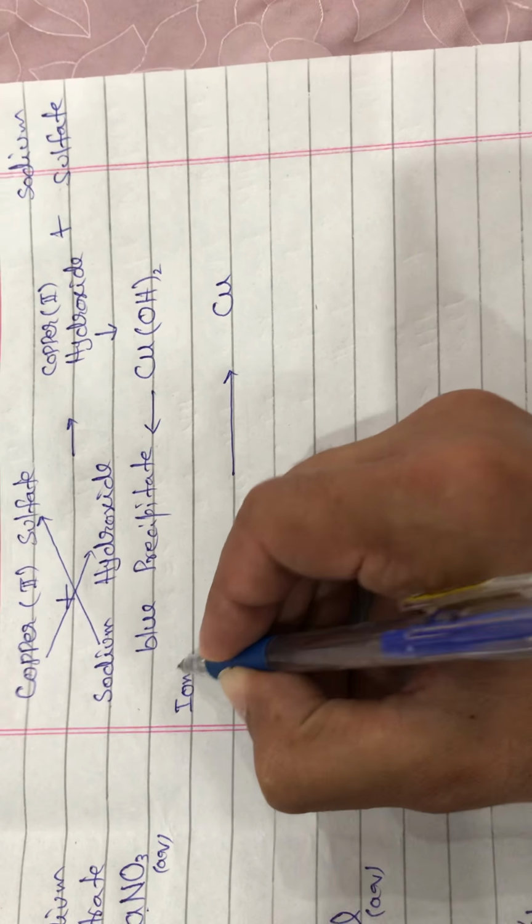Copper 2 hydroxide we will write on the product side, and which two ions are forming copper 2 hydroxide? One is copper ion, Cu2+ aqueous, and other is hydroxide ion, OH- aqueous. So over here how many hydroxide ions are? 2. So in order to balance we will write 2 on the reactant side.